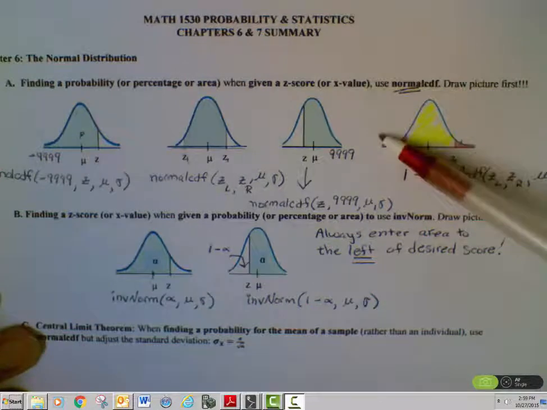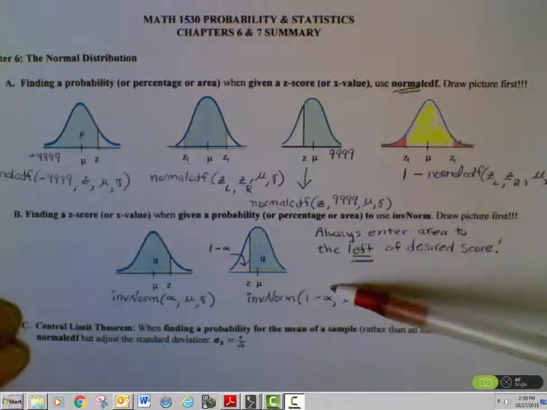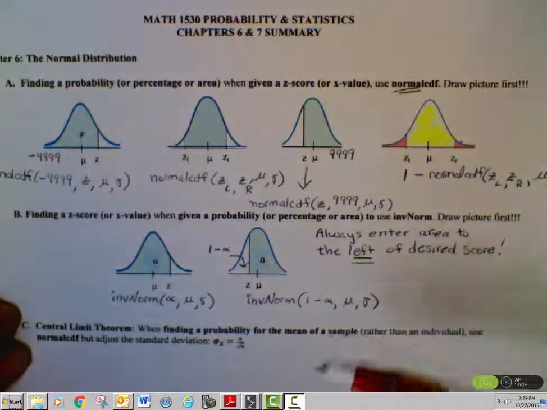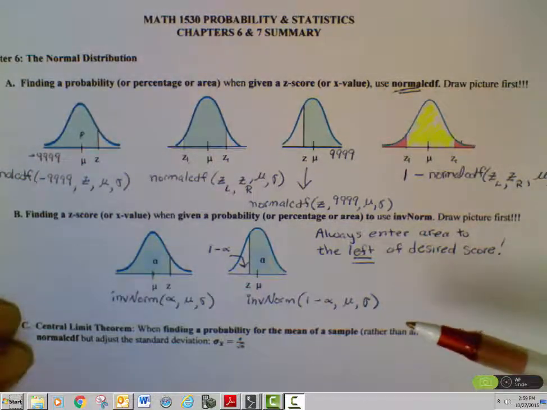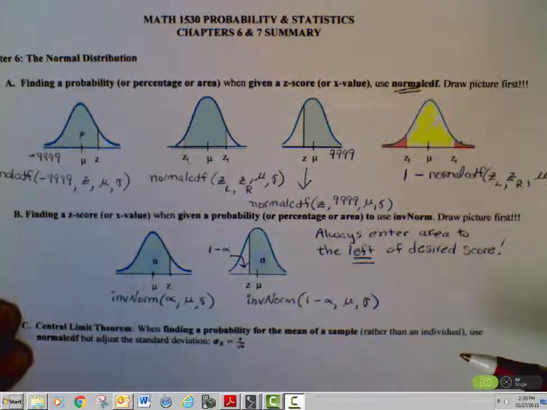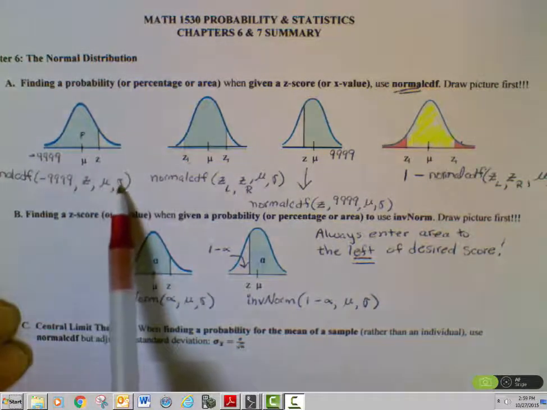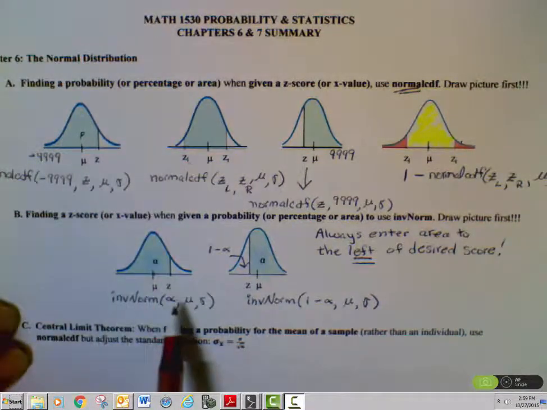Those are the only two things we did in 6.2 and 6.3, and the only difference in those two sections, 6.2, we were dealing with the standard normal distribution, where the mean was 0 and the standard deviation is 1. When that's the case, I really don't even have to put them in the calculator when I use normal CDF or inverse norm.